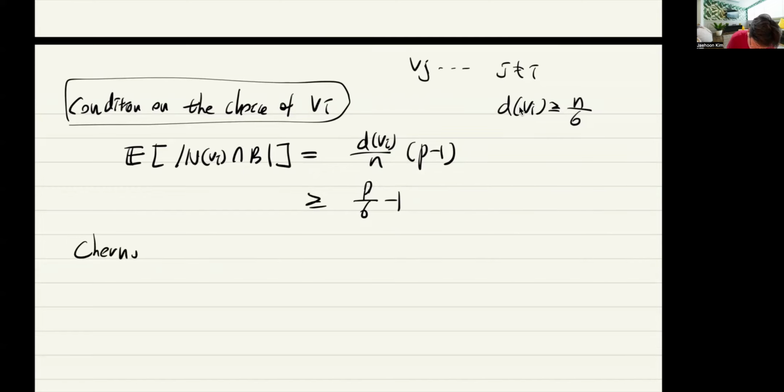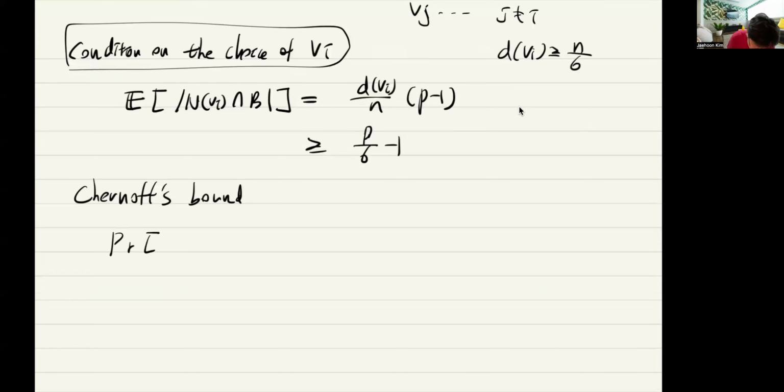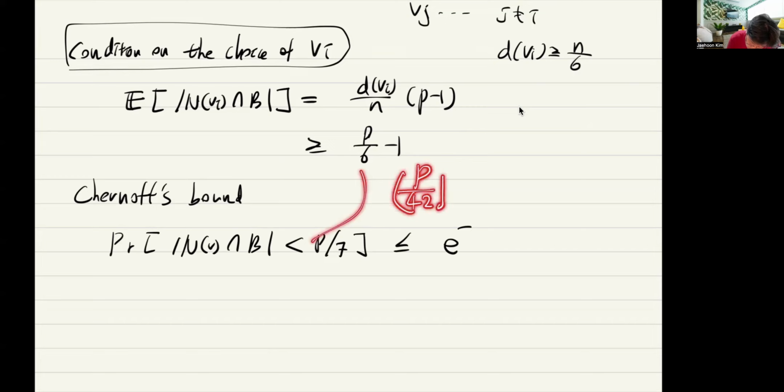So using Chernoff bounds, the probability that this is smaller than P over 7 is at most e to the negative... you compute the difference, that's P over 42, then you take the square and divide by 2 times P, and you do the computation, and it's at most, say, e to the negative P to the 10 to the 4.